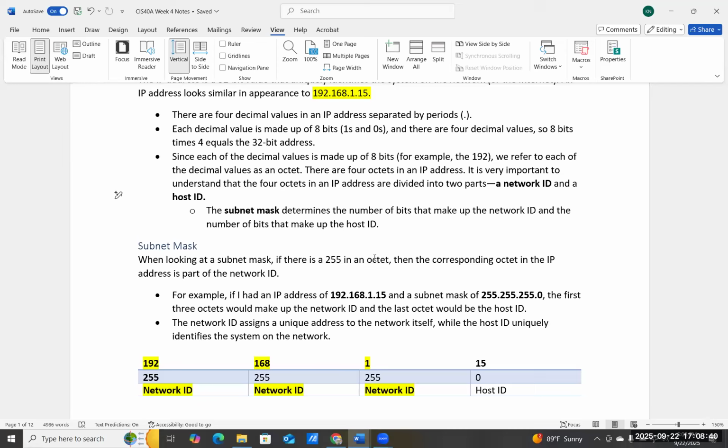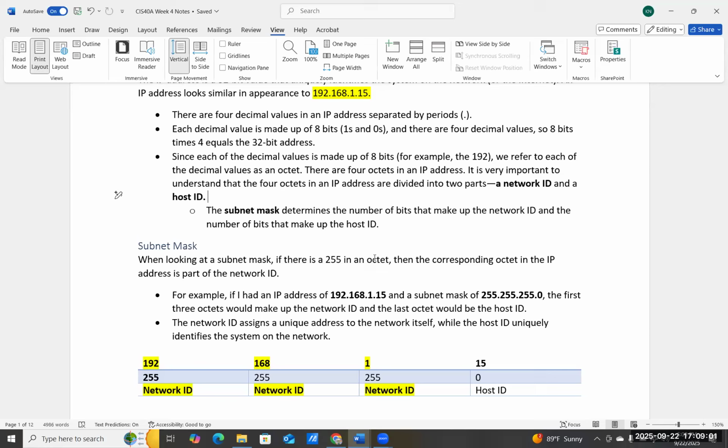Systems work the same way. The network ID is shared with the systems on the same segment, that particular network. The host ID is unique to a specific system.